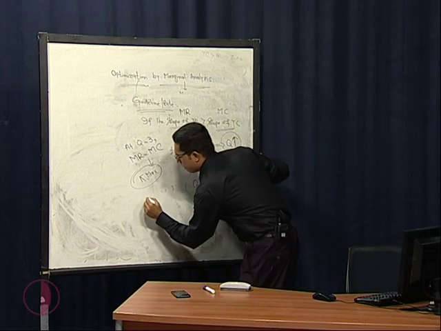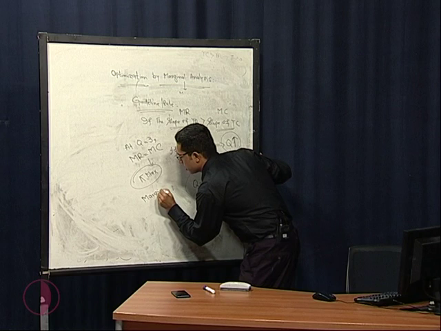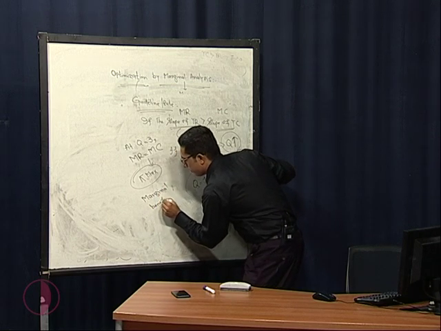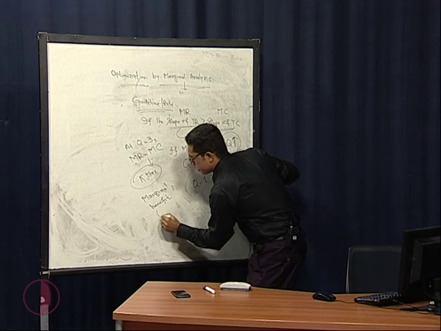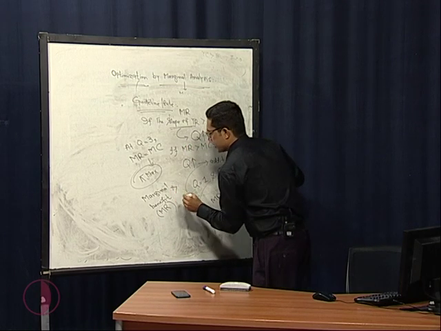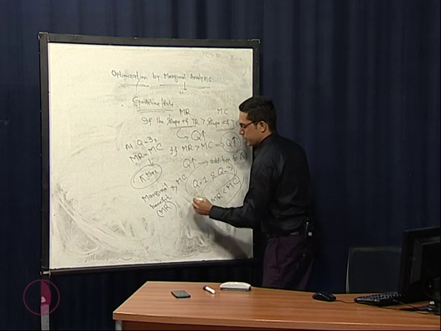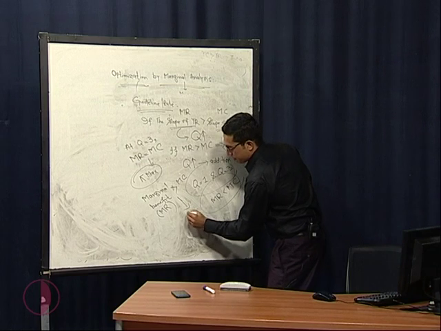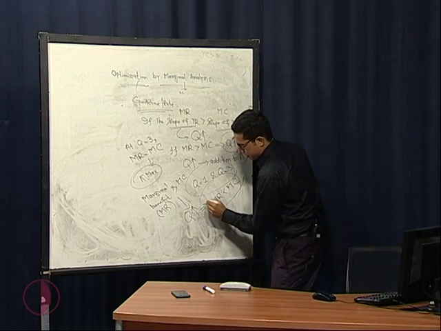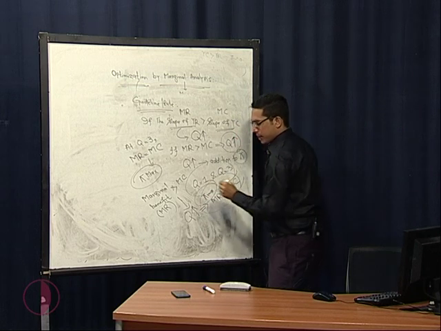So, if marginal benefit, meaning marginal revenue, is greater than the marginal cost of that activity, the firm should increase its output. For what purpose? In order to get maximum profit.